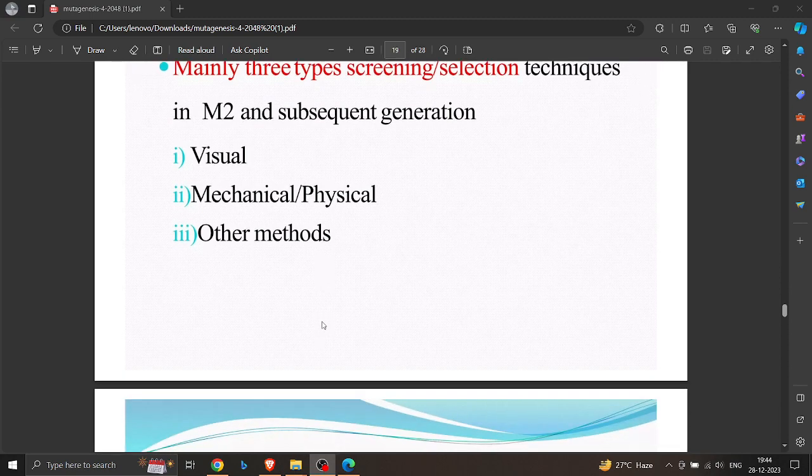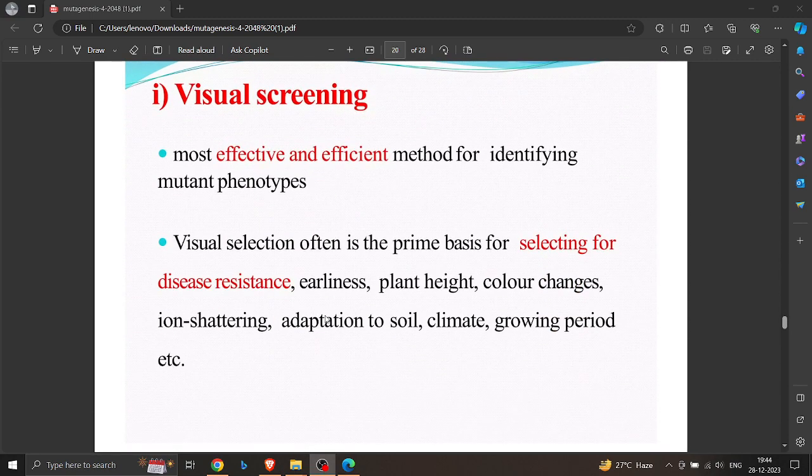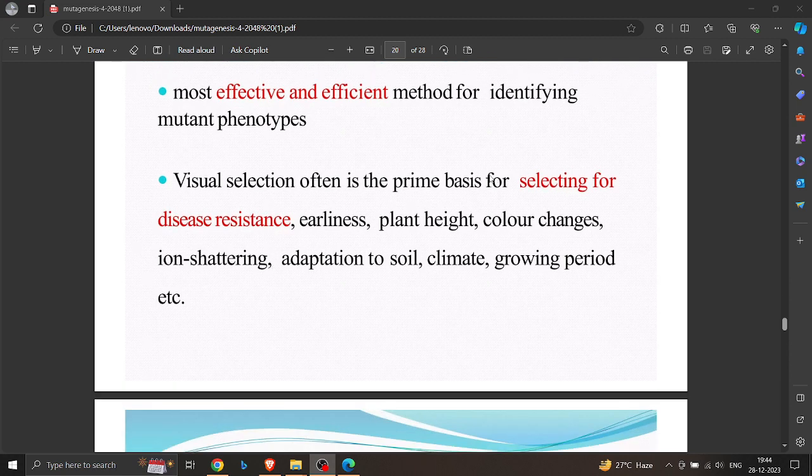Screening and selection has mainly three types of techniques: visual, mechanical, physical, and some other methods. Visual screening is the most effective and efficient method for identifying mutant phenotypes, and visual selection is often the prime basis for selecting disease resistance, earliness, plant height, color changes, or any plants that can adapt to soil, climate, or growing period.